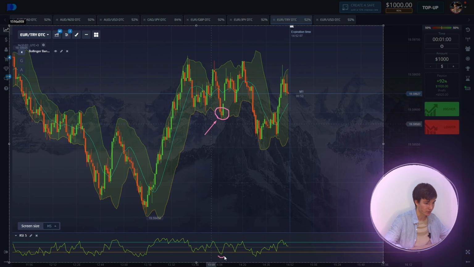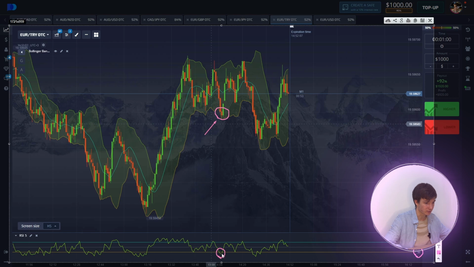When we see the touch right here, I mean the crossing of the level 30 takes place, the oversold zone and the breakout to the upside. This is signal number 2, guys. This is the first one and this is the second one. When you see something like this, you should open a long position without second thought, and you can see that on the chart.